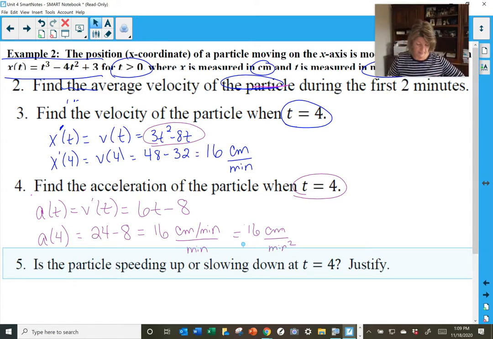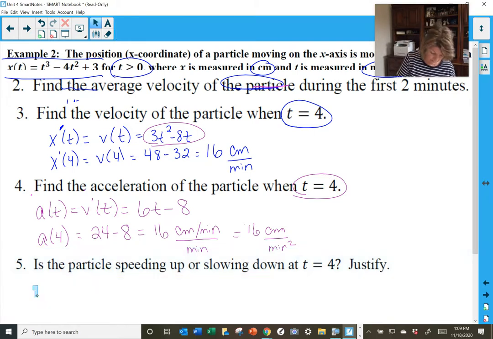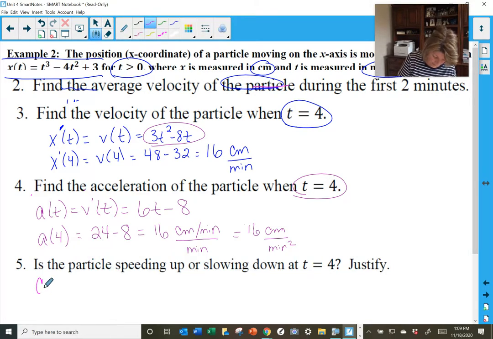So, is the particle speeding up or slowing down? Well, they kindly walked us through these steps. So I need to compare. Let's write down what we're doing. We're going to compare velocity at 4 and acceleration at 4.